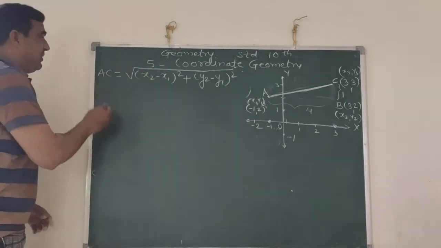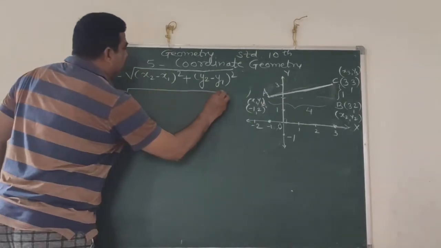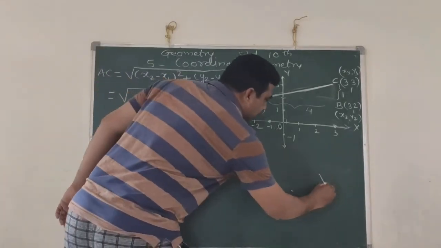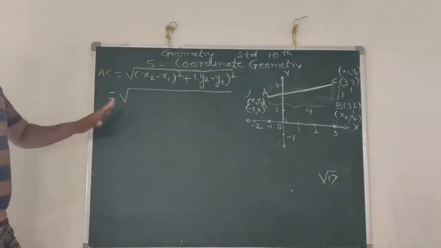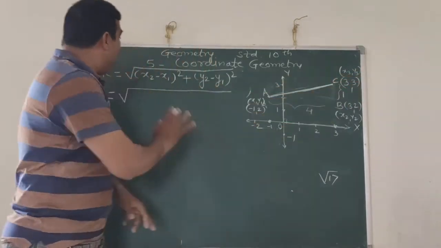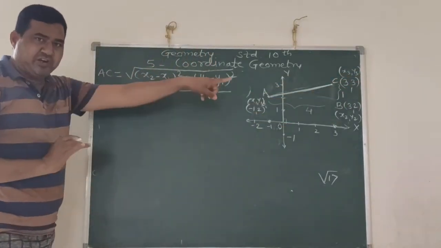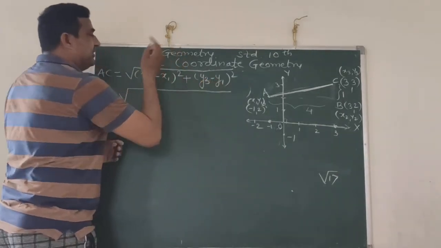So here let's find out whether our calculation is correct or not. When we solved it using Pythagoras theorem, we got this answer. Now using this formula, here I have taken x1 y1 and I have taken this x3 y3. So here I have to modify: instead of x2 I will use x3 and here y3.